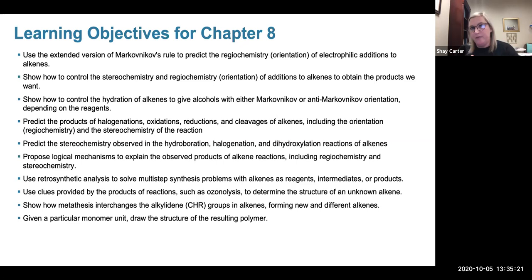Now, another type of problem that we've talked a little bit about in the past is a retrosynthesis problem. A retrosynthesis problem is where we actually have the product and we know the product, but we're trying to figure out how we got the product or the best way to make the product.